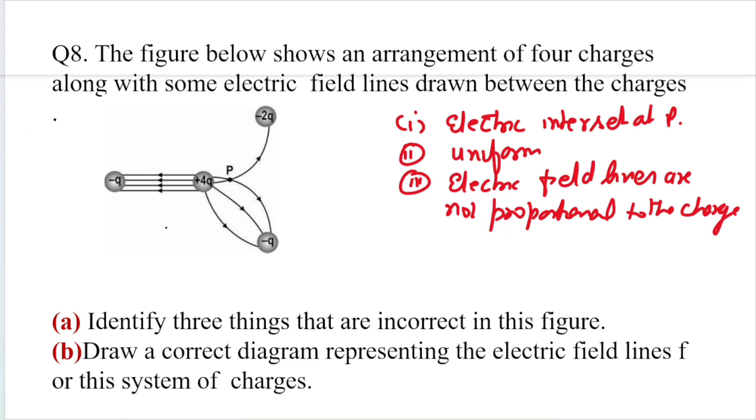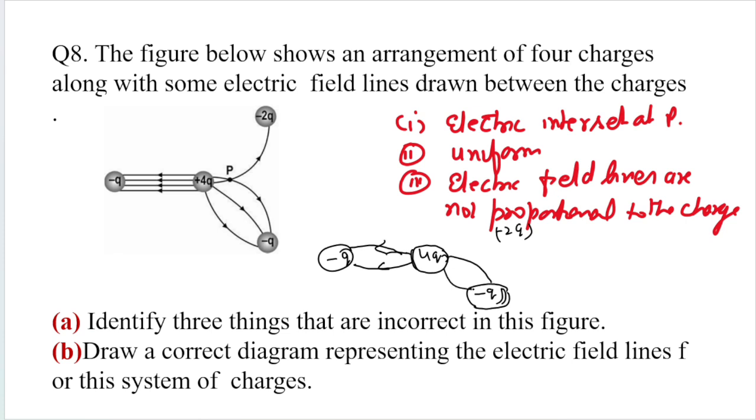Draw the correct electric field lines. So this is the charge minus q, this is 4q, this is minus q, and this is minus 2q. So now how many lines will you show here? Suppose there are 2 lines, then 2 lines will be from 4q to minus q.